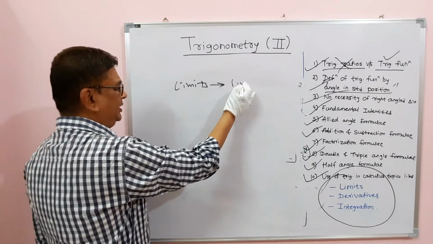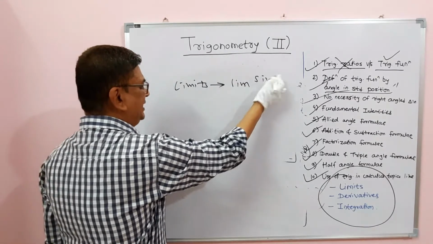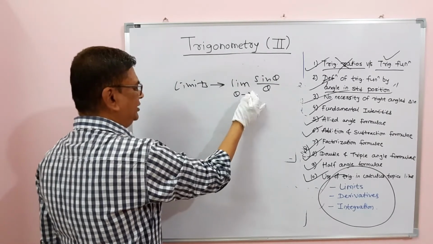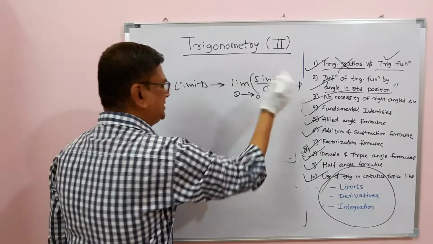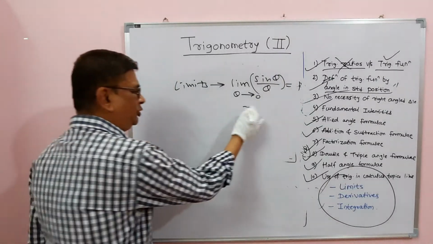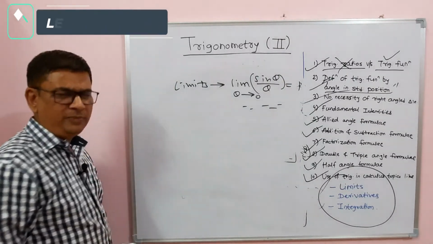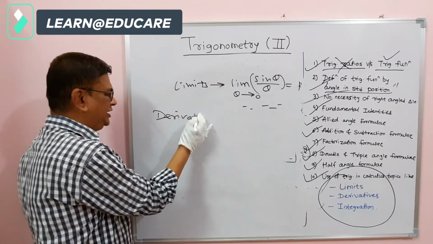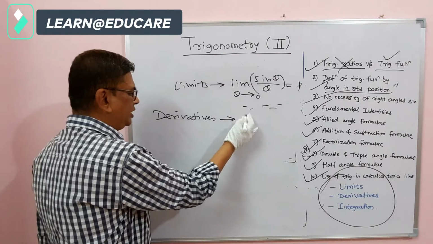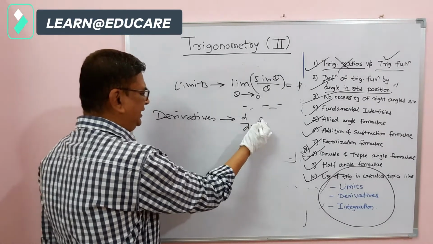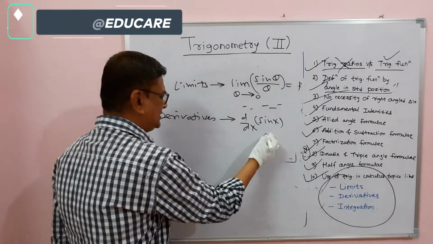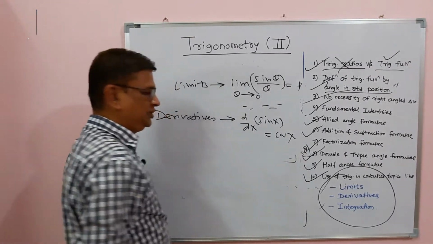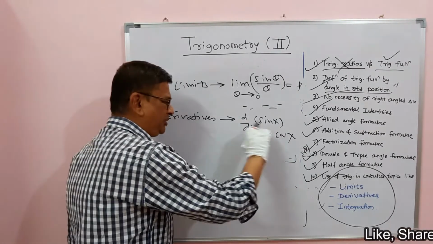For example, it is there limit of sin theta upon theta, theta tends to 0 is equal to 1. There are few more formulae where trigonometric terms are present. Then we take the formula in derivatives containing our trigonometric term. For example, d by dx of sin x is equal to cos x. This is derivative of sin x with respect to x, cos x.